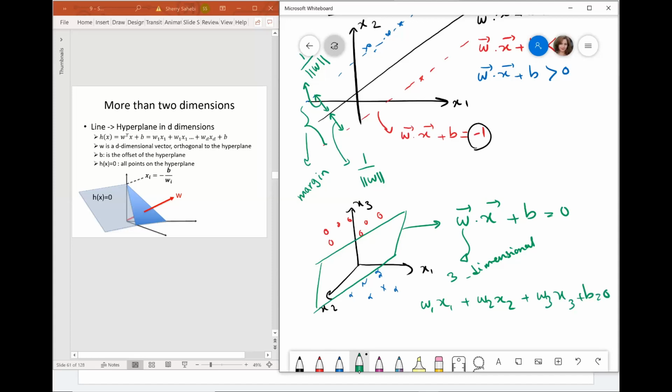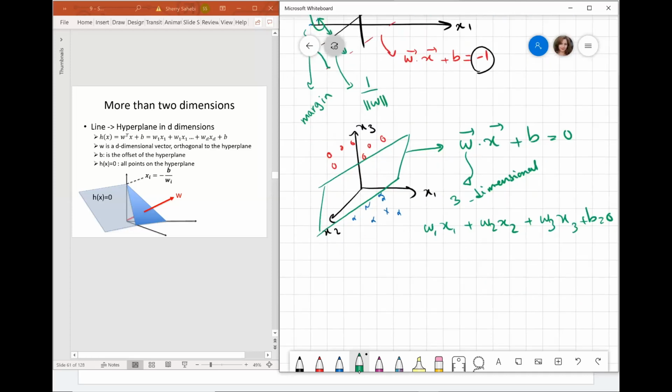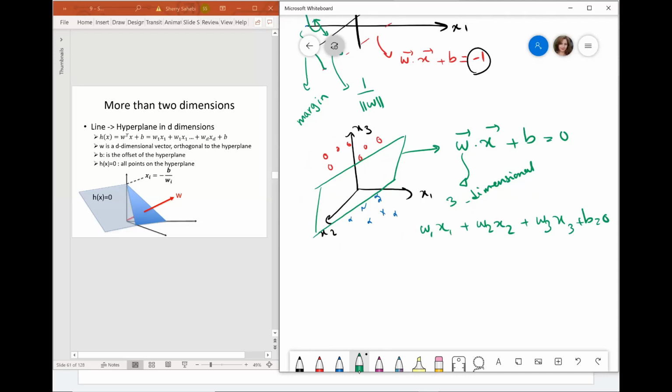If we have d-dimensional space, we are going to extend this hyperplane into d-dimensional space, and we represent it with d-dimensional w's and one b. So b is just the offset. This is one scalar, and w is a d-dimensional vector.